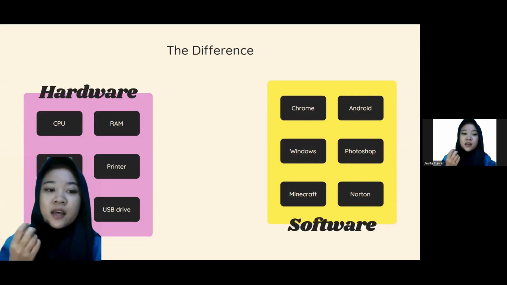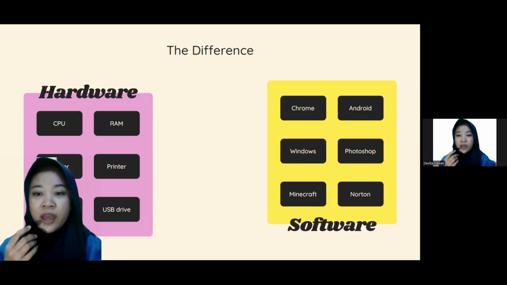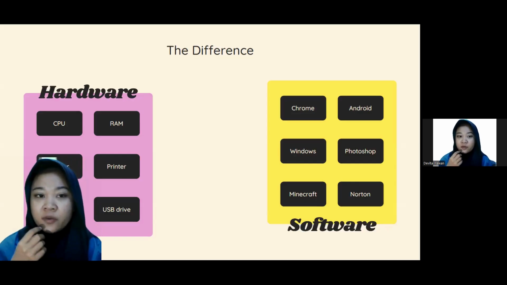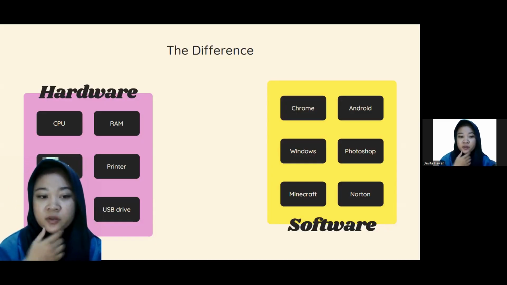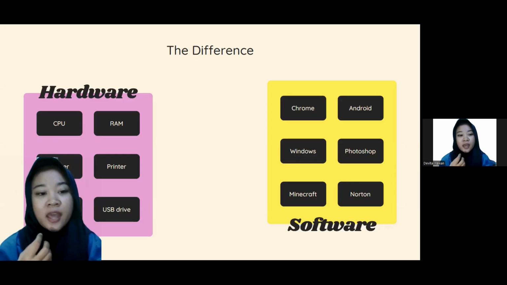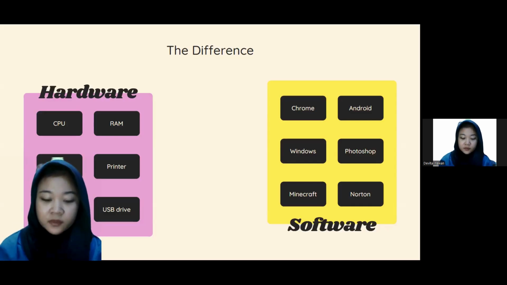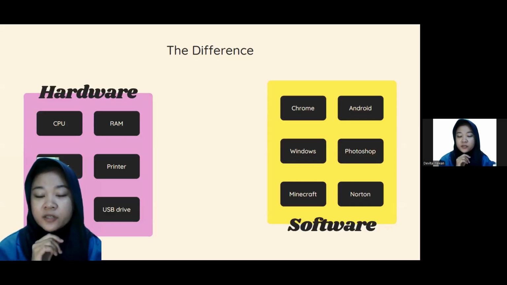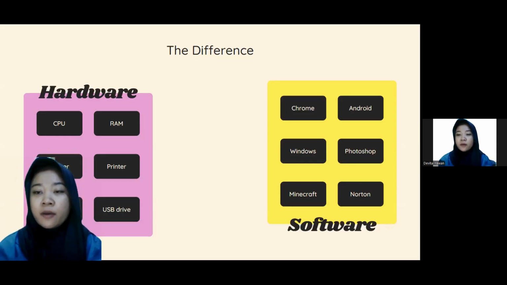Why? Because in a computer we have applications, we have RAM, we use a printer, USB, keyboard, but in the detail of the computers, when we start the computer, it always has Chrome. It always has Windows because they're also very important.